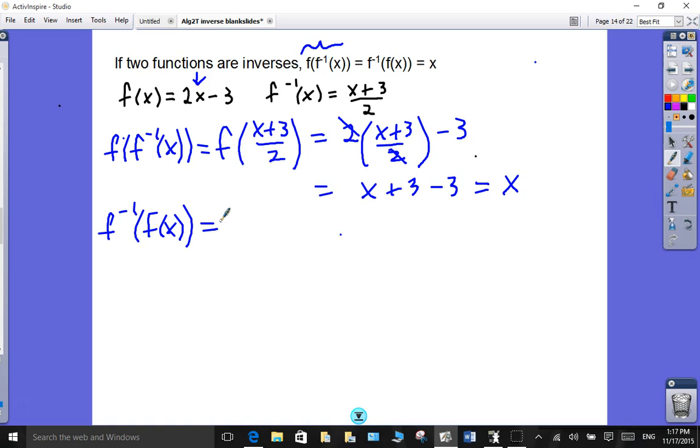Replace the f of x, because now that's the inner function, with what it equals: f minus 1 of 2x minus 3. And then evaluate the f minus 1. Put that 2x minus 3 in the place of x right there. Right, that'll look like 2x minus 3 plus 3, divided by 2.